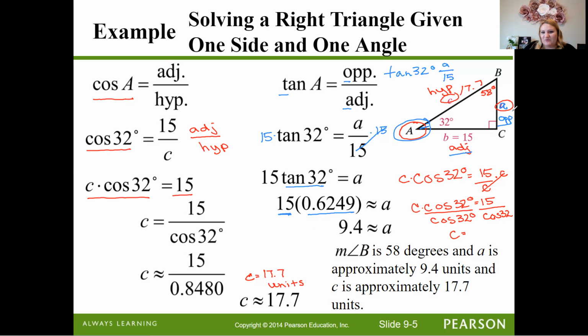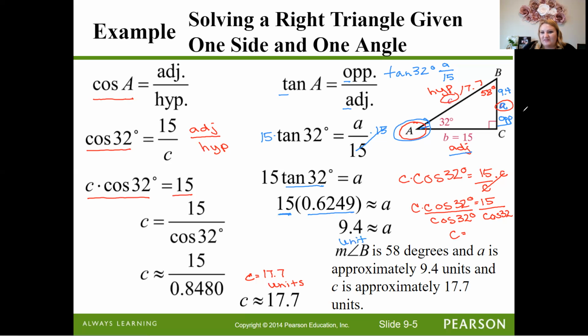And that's what A equals. So A is equal to approximately 9.4. So this is the unit, because we don't know what measurement that's in. So we just put units.